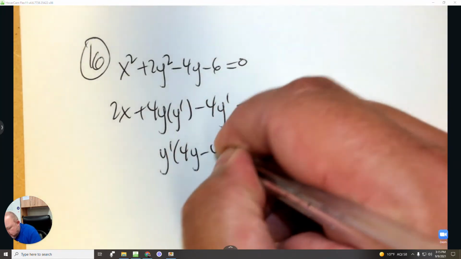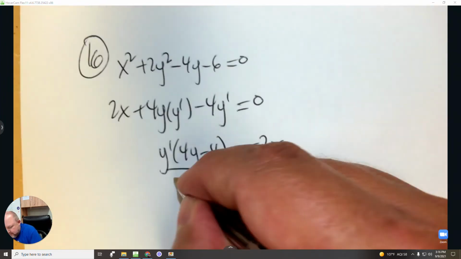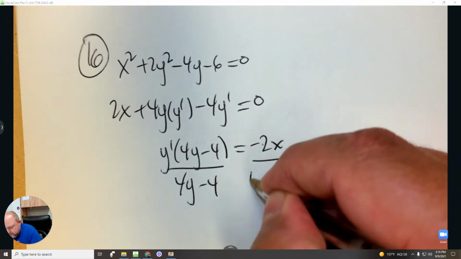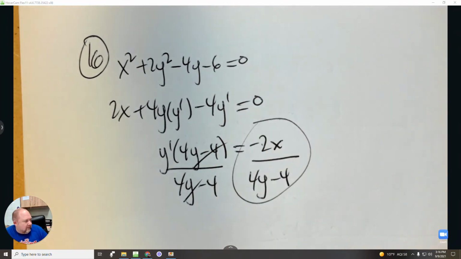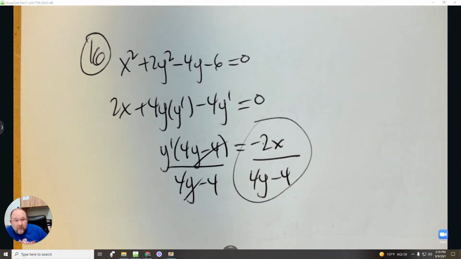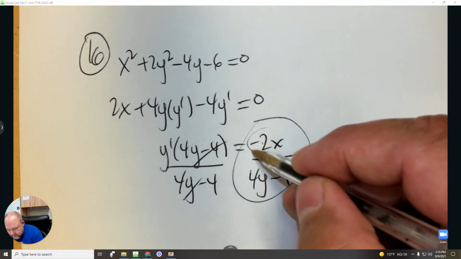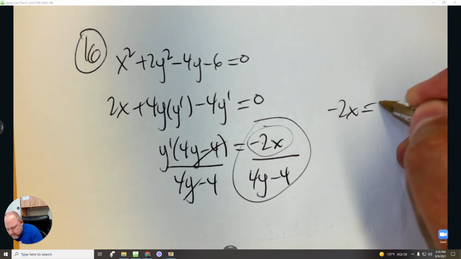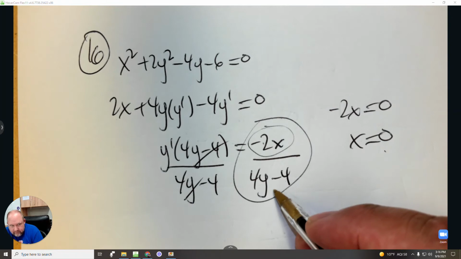So I'm going to factor out a y prime, subtract 2x and then divide. So there's the derivative, negative 2x over 4y minus 4. Now a horizontal tangent would mean the derivative is 0. So take the numerator and solve it. So when x is 0, the whole derivative is 0.